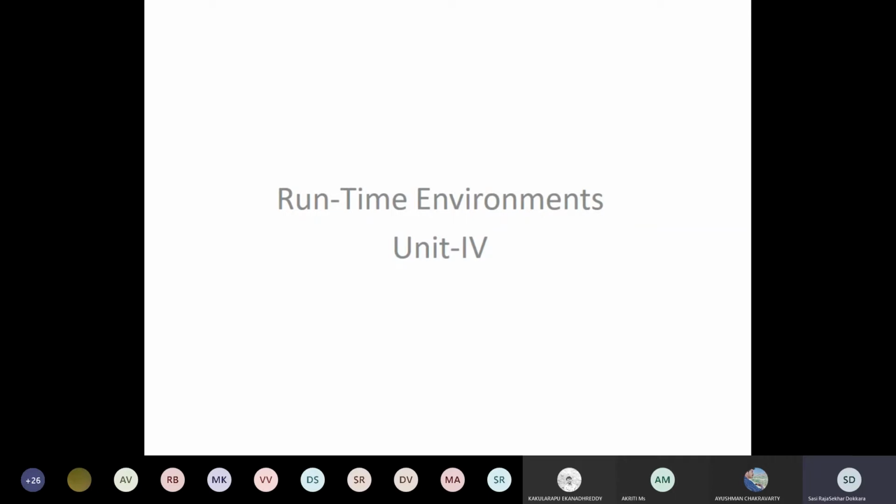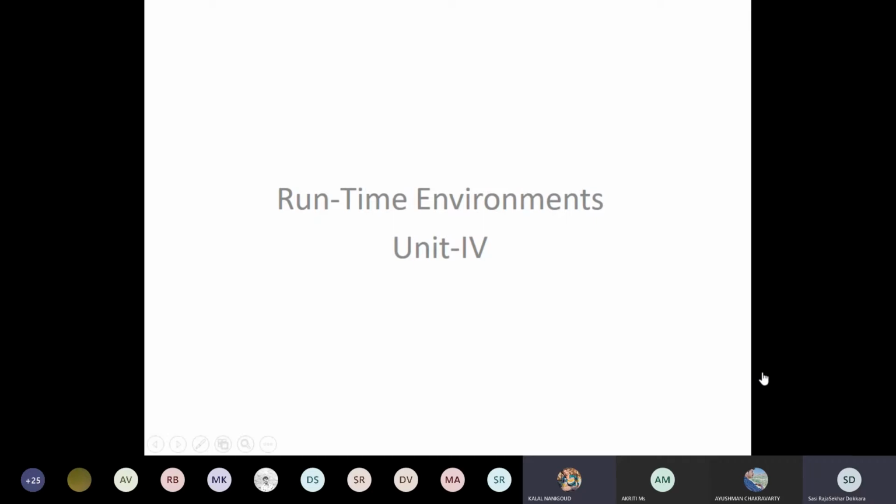But as we all know, the high-level language program runs as a process. Any program, when you want to run it, is going to be running as a process. The process is very, very important.